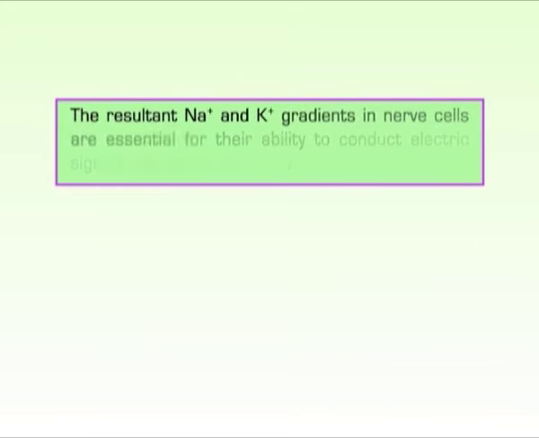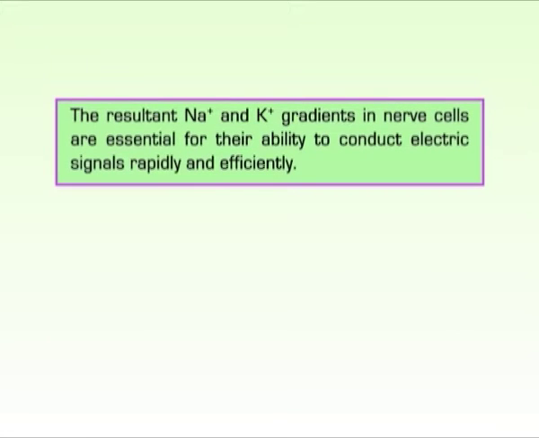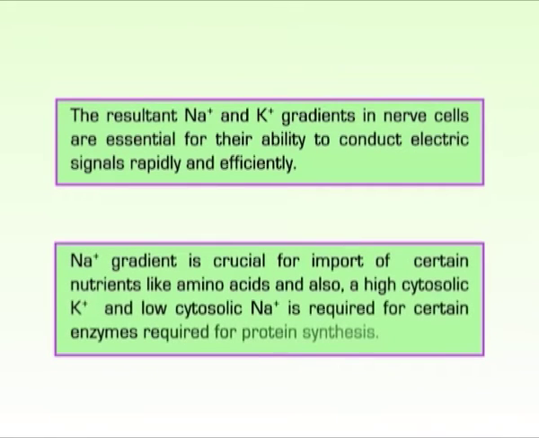The resultant sodium and potassium ion gradient in nerve cells is essential for their ability to conduct electric signals rapidly and efficiently. The sodium gradient is crucial for import of certain nutrients like amino acids, and high cytosolic potassium ions and low cytosolic sodium ions are required for certain enzymes required for protein synthesis.